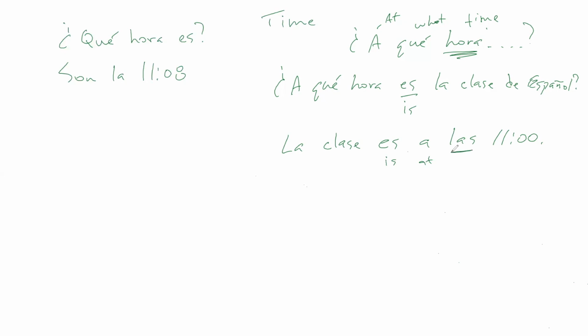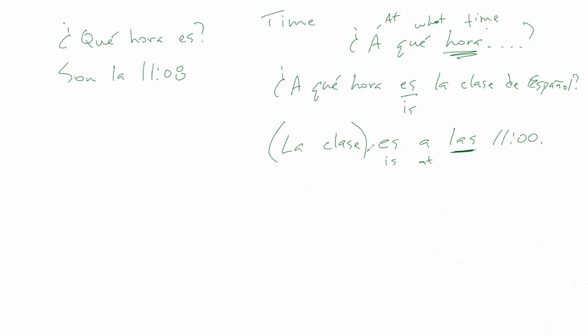And again, even if we're talking about time, we need this las, la if it's singular, that we don't use in English, okay? So also with this way of doing it, if we remember that in Spanish, the subjects are optional, right?